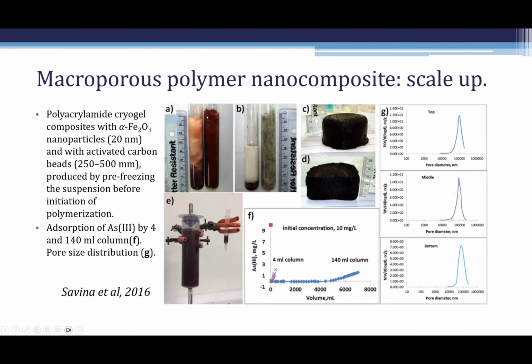So we were working on a technique to improve that, and we developed some techniques which completely improved the distribution of nanoparticles, and even when you're using the carbon, which is in pictures C and D, these are carbon-based materials, and the carbon beads were quite big, we still see the distribution of them in the material.